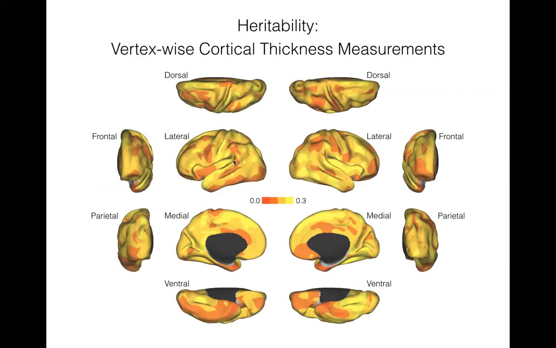So moment matching methods can be used to address this very high-dimensional problem. And here we show these high-resolution surface maps for the heritability of cortical thickness measurements. And it can be seen that for a lot of brain regions, cortical thickness is moderately heritable.